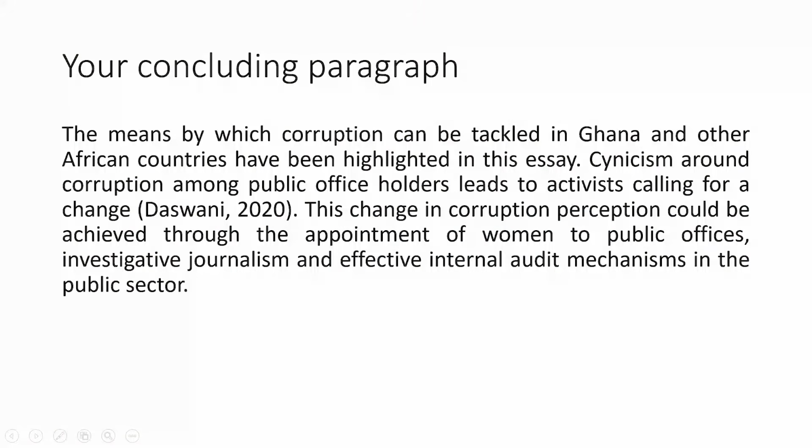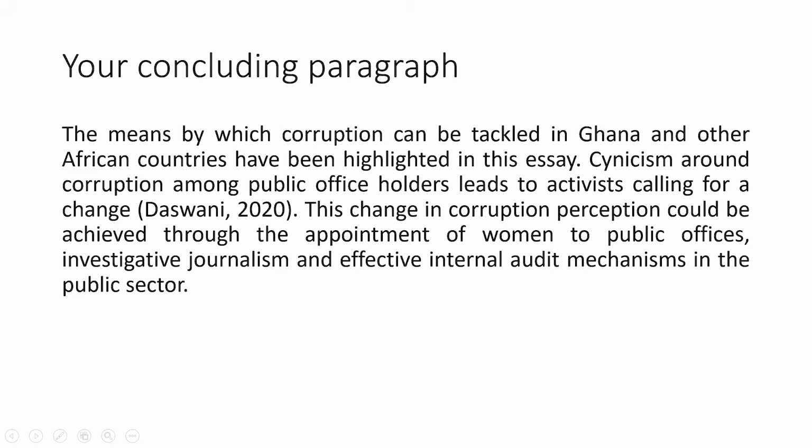Great. So this is the third body paragraph. And after the third body paragraph, you can have your concluding paragraph. So this is the concluding paragraph. The means by which corruption can be tackled in Ghana and other African countries have been highlighted in this essay. Cynicism around corruption among public office holders leads to activists calling for a change.